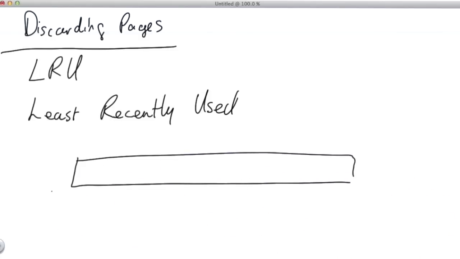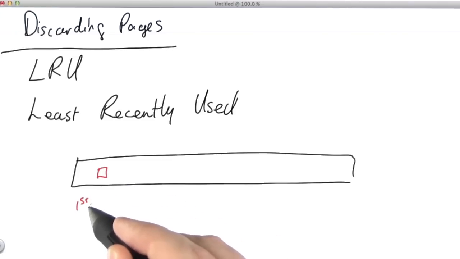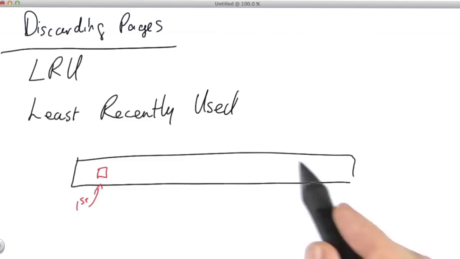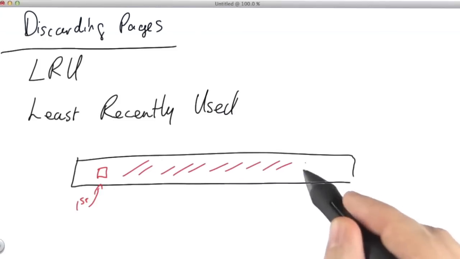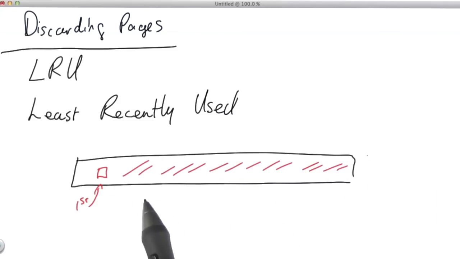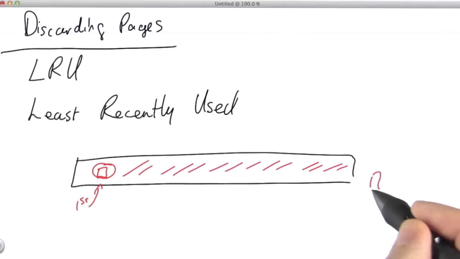Imagine we've got a piece of data here in physical memory, and it's actually the first piece of data that's been allocated, the first page, say, that MongoDB actually requested. Now you might think that's the obvious one when physical memory has filled up in a first in, first out scheme.